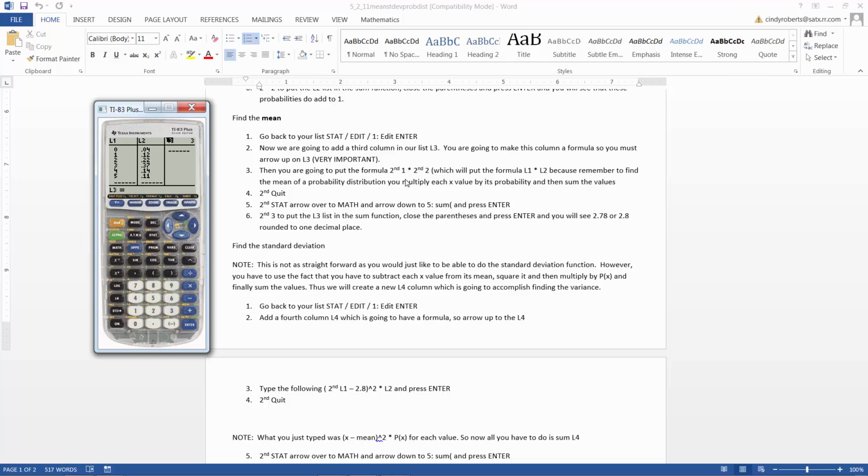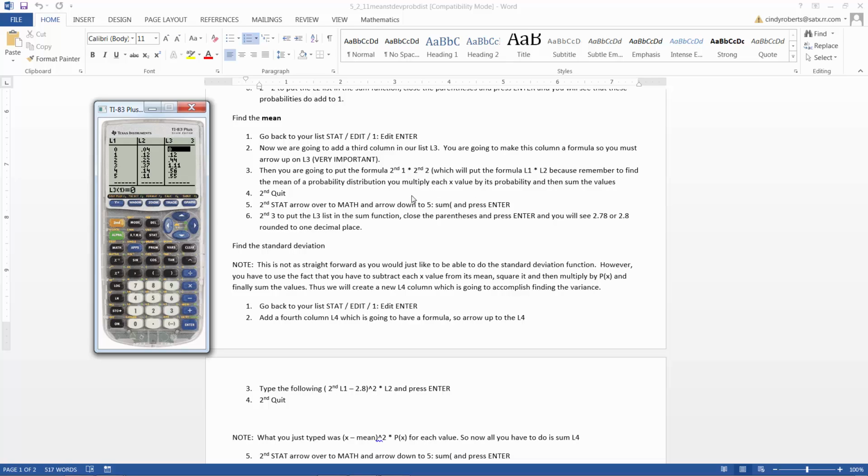So we're going to do basically L1 times L2. So 0 times 0.04, 1 times 0.12, and all that good stuff. Second 1 for L1 times second 2 for L2. I hit enter, and you see all of those filled in.